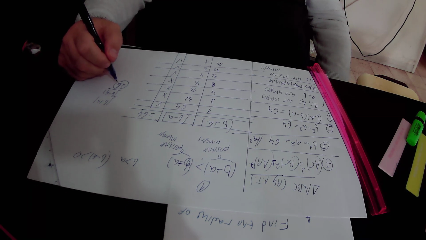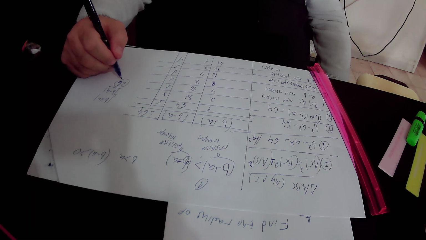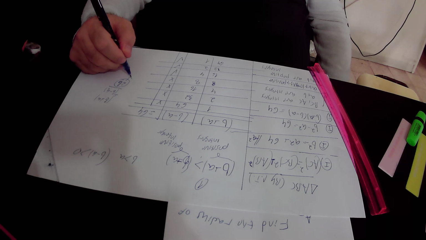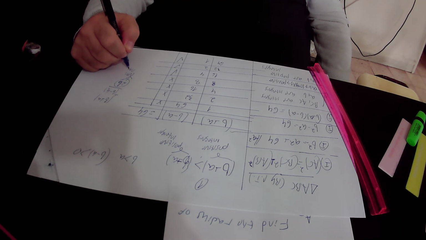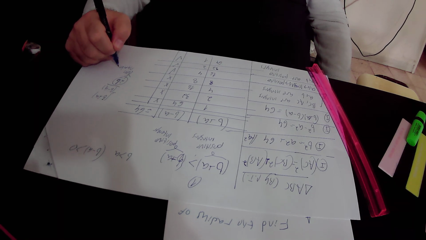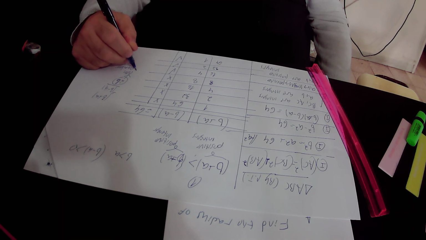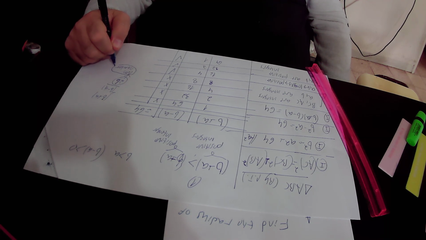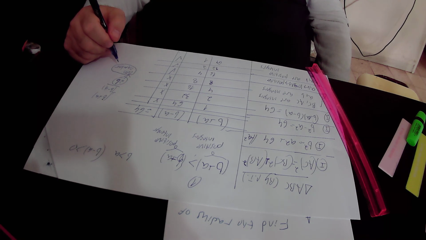Because b is a positive integer, 2 times b must be an even number. It means that if we add the two numbers together, the result must be an even number. That is to say, if we get an odd number, it is not a good solution.